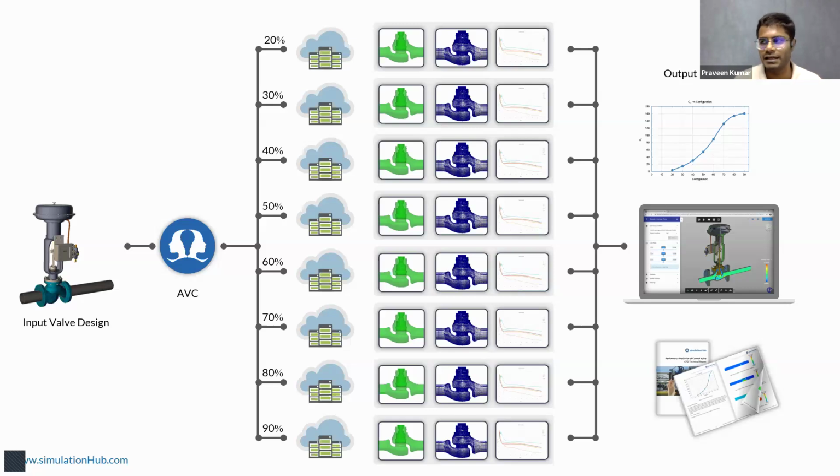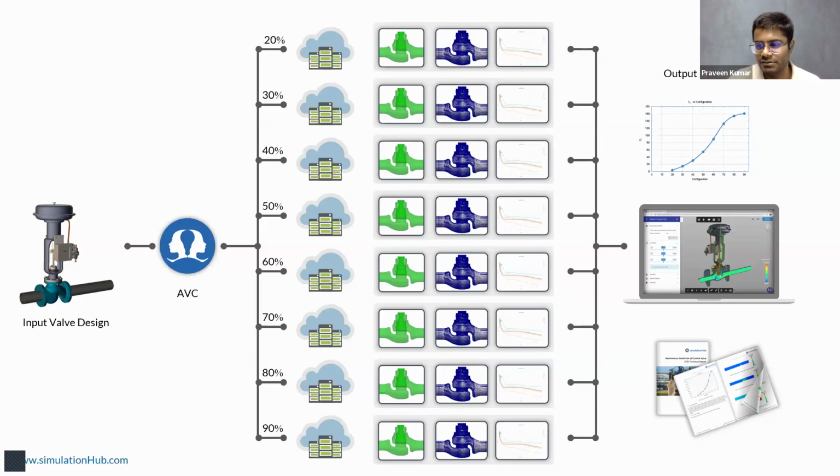It's not sequential. It's unlike desktop software where you are limited by node-locked licenses. There, one opening simulation has to complete before the other openings can run. Here, because the runs happen in parallel, all these simulation results are available at the end of 1 hour.